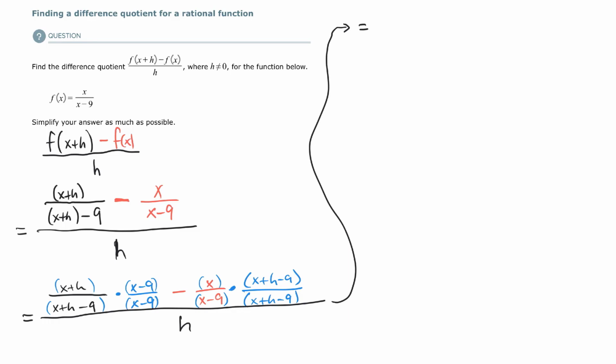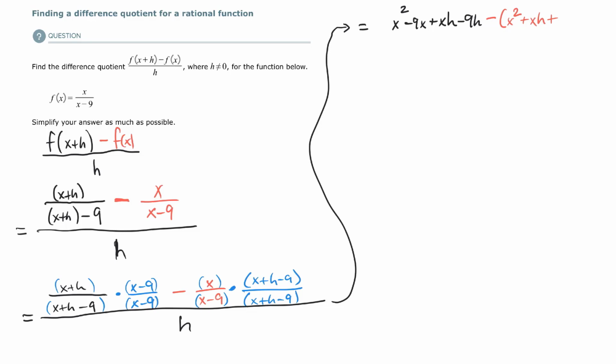And we have x squared minus 9x plus xh minus 9h. Now you do have common denominator, so I'm going to put minus parentheses x squared plus xh, and then plus 9x.